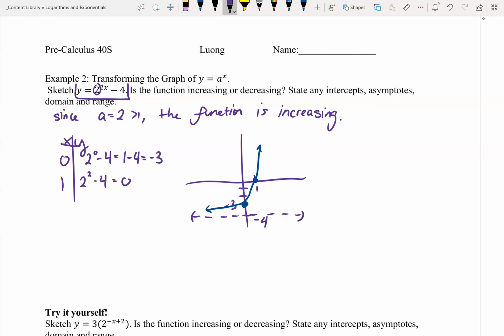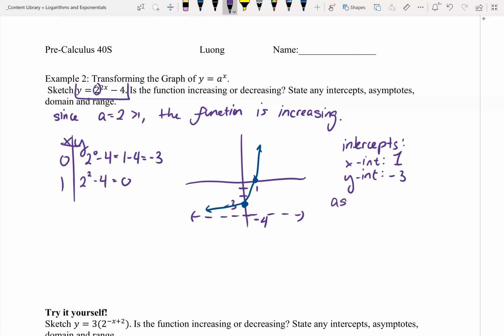Now we're going to determine its characteristics. So for your intercepts, we actually have an x-intercept this time just because we translated the graph down. So our x-intercept is located at 1. Our y-intercept is located at negative 3.